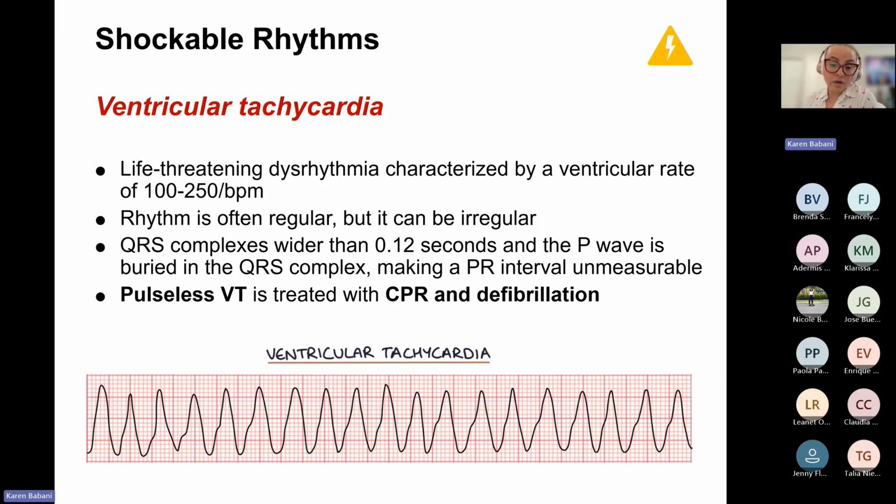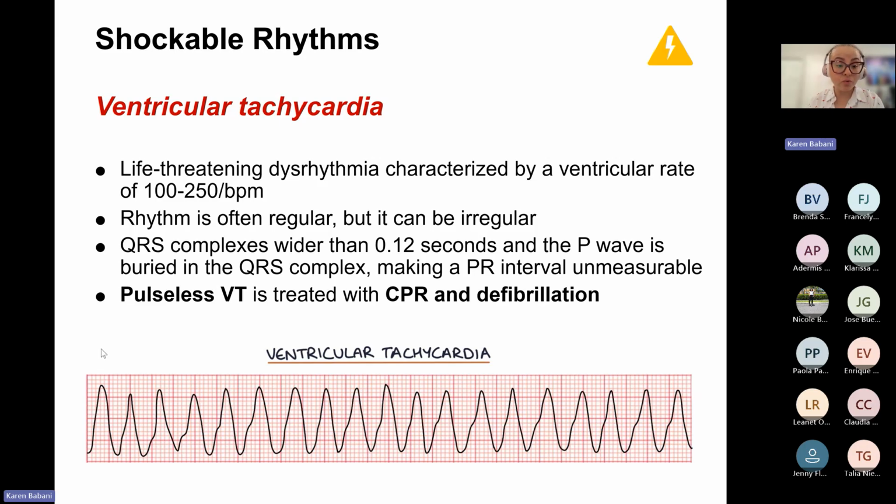Rhythm is often regular, but it can be irregular. They are very distorted. The QRS complex is obviously, remember that I told you that your QRS should be how many squares? 3. Obviously, this is definitely more than 3. Let's take a look at this one. There's 1, 2, 3, 4, 5, 6.